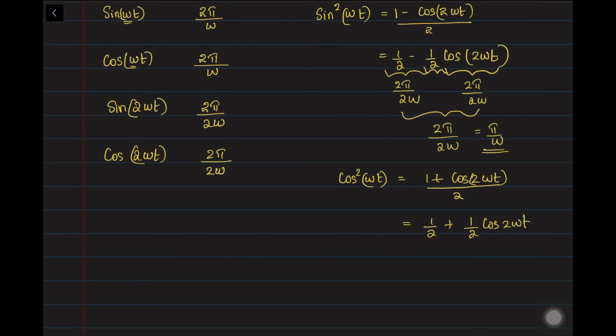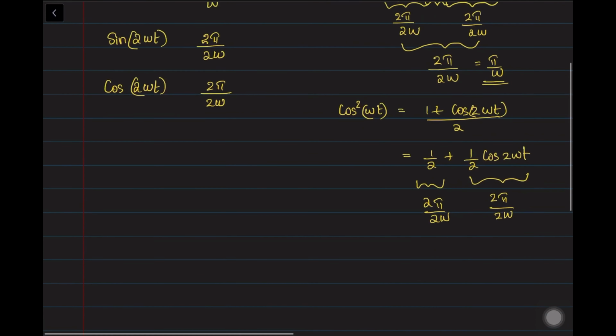As I said before, this is having period 2 pi by 2 omega. So this half also will have the period 2 pi by 2 omega, and together the entire function will be having 2 pi by 2 omega or pi by omega as the final period.